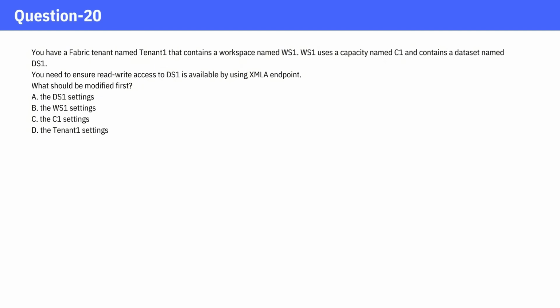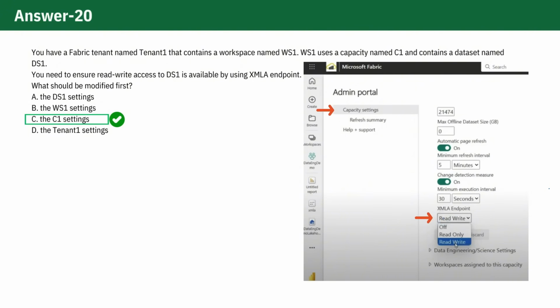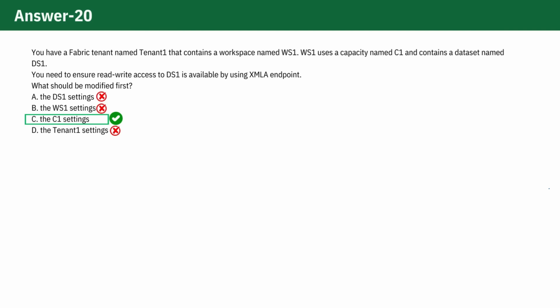C. The C1 settings. D. The tenant settings. Pause the video and look at the answer options and check the answer. The correct answer is C. The C1 settings. To ensure read-write access to a dataset using the XMLA endpoint, you need to configure the capacity settings because the XMLA endpoint must be enabled at the capacity level. The other options are incorrect.